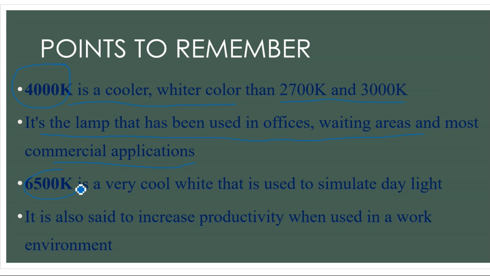Whereas 6500 Kelvin is a very cool white light and is used to simulate almost daylight, and that's why it is also said that this type of light increases productivity when used in a work environment, right? 6500 Kelvin, very cool white light. And the light at 4000 Kelvin is warmer as compared to 6500 Kelvin.